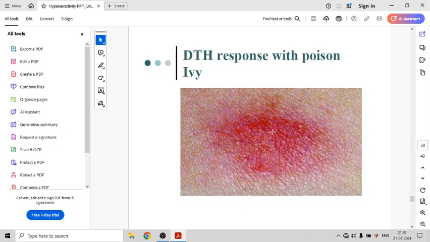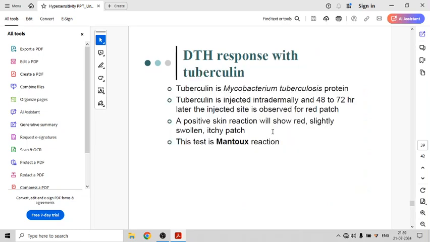The small amount of tuberculin antigen is injected into the skin area, and that area will be marked. And after 48 to 72 hours, when you observe, if the skin develops a red patch like this, it is called the Mantoux reaction, indicating that the person has active immunity against Mycobacterium tuberculosis.